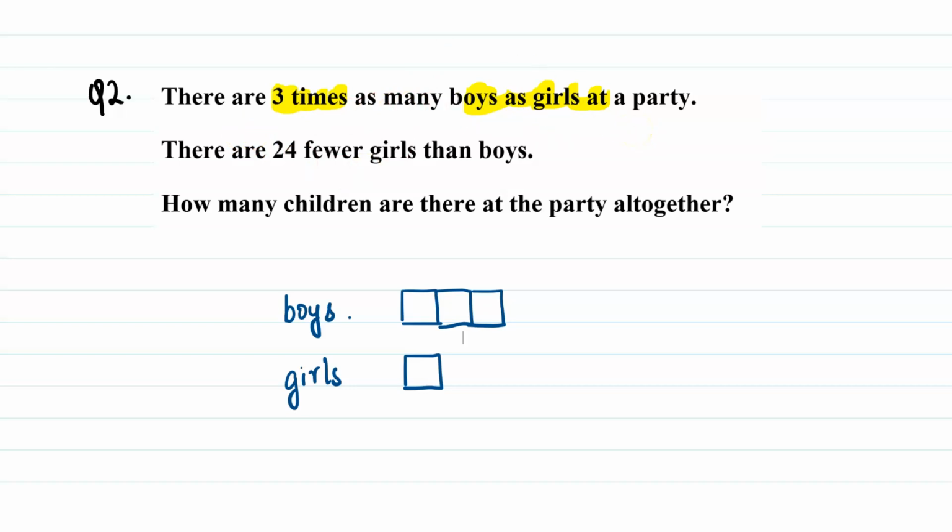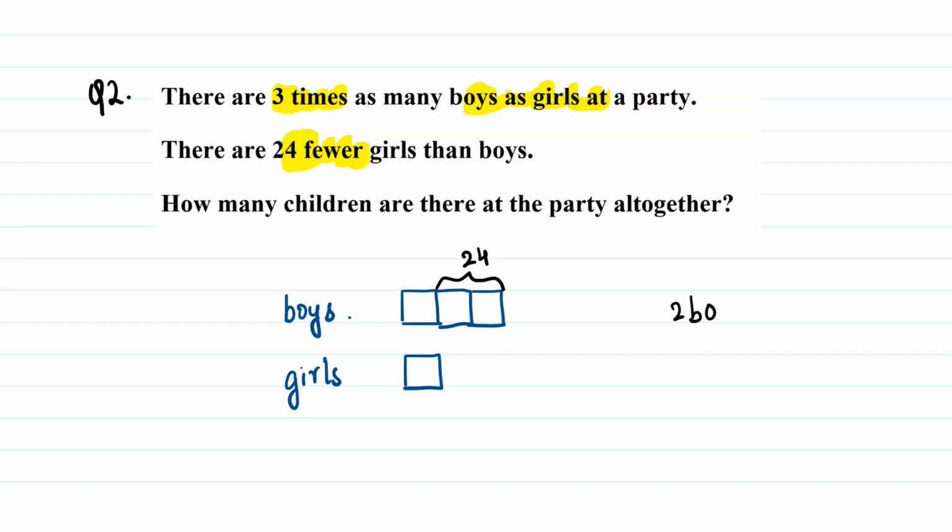Now the next statement says that there are 24 fewer girls than boys. Clearly in the bar model we can see that the girls are 2 boxes less than the boys, and we also know that there are 24 fewer. So these 2 boxes should be equal to 24.